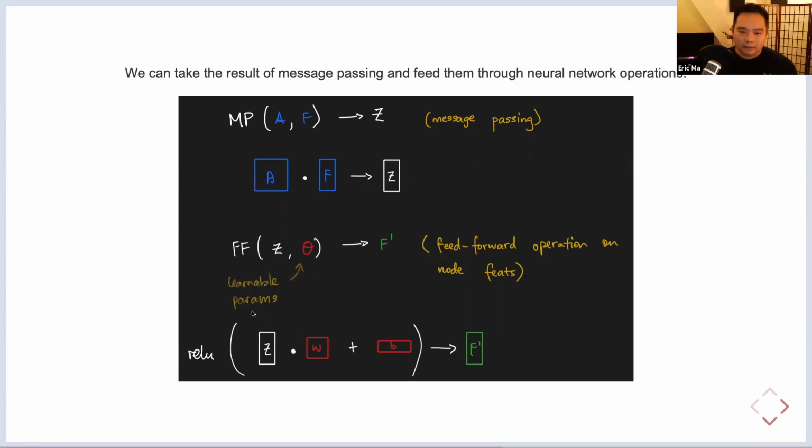There are learnable params inside here, which means this is what we would call a node level embedding, a learned embedding of our original graph. And that is basically the way that you connect message passing with neural nets. It's literally nothing more than this at its core.